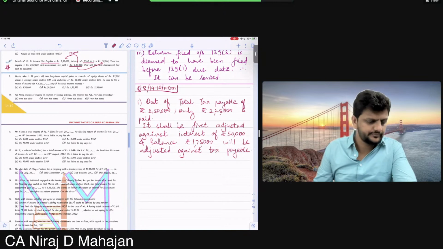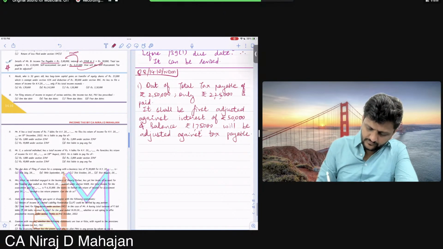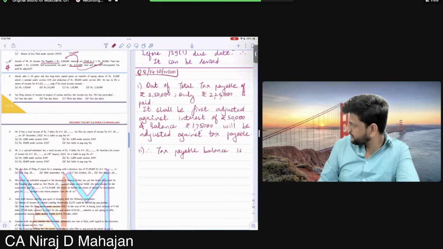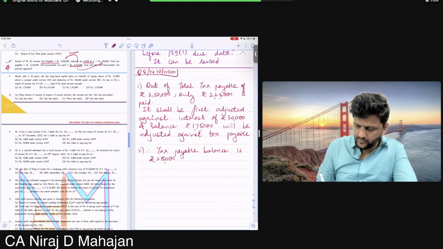Therefore, tax payable balance is rupees 25,000.